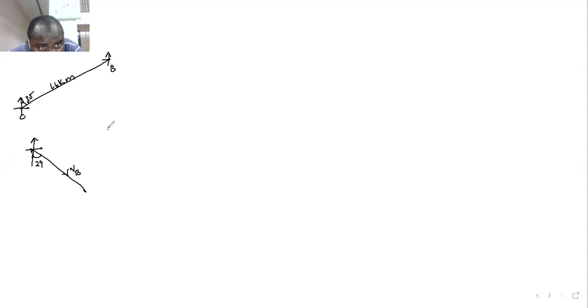Then the cruiser is going north 50 degrees east. This is the velocity of the cruiser. The guns of the battleship have a range of up to 6. Find the least distance in the subsequent motion.